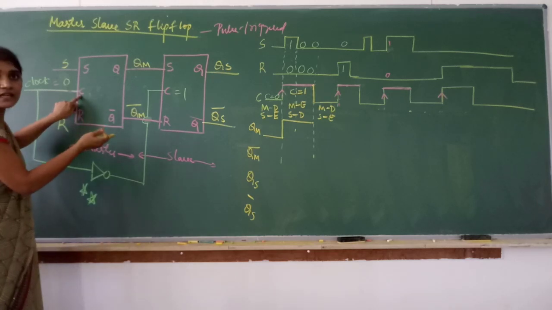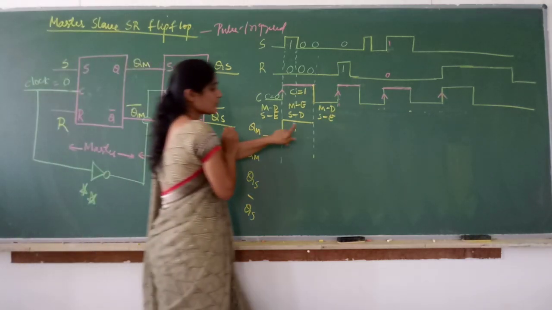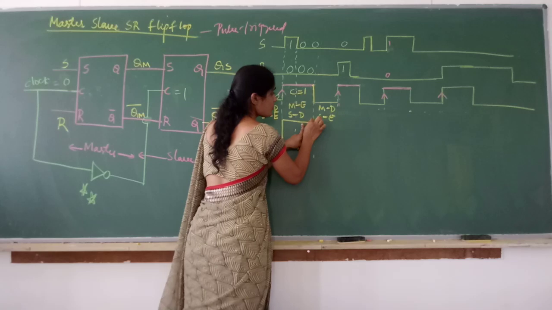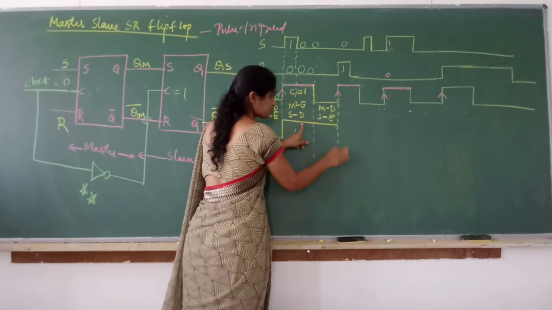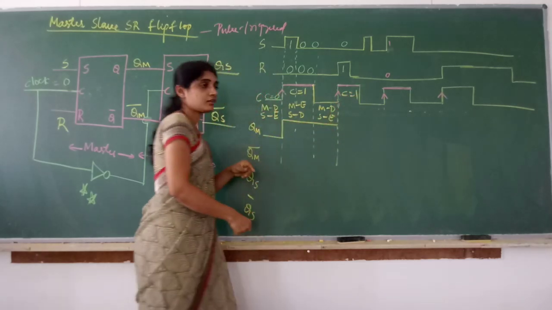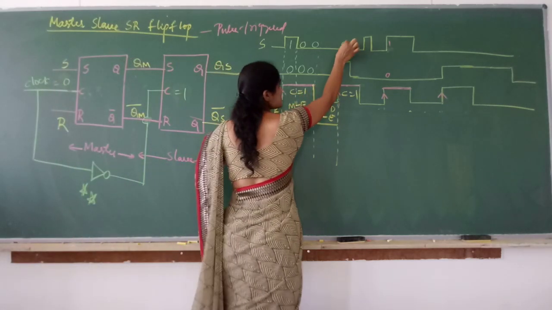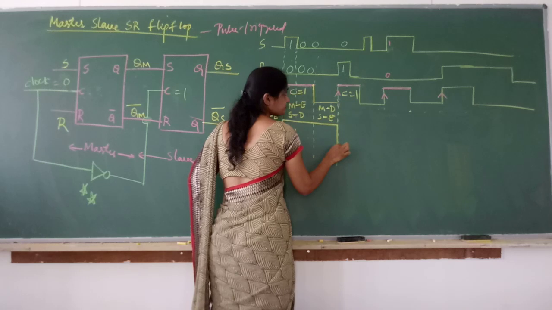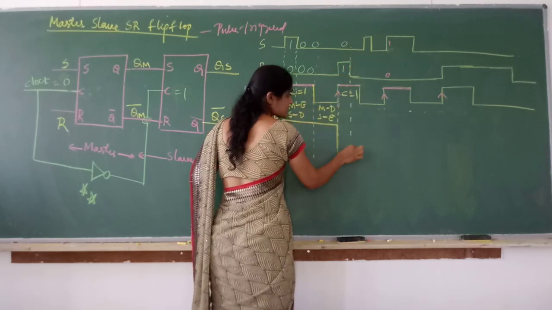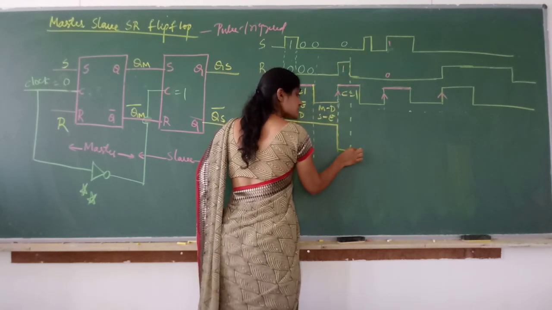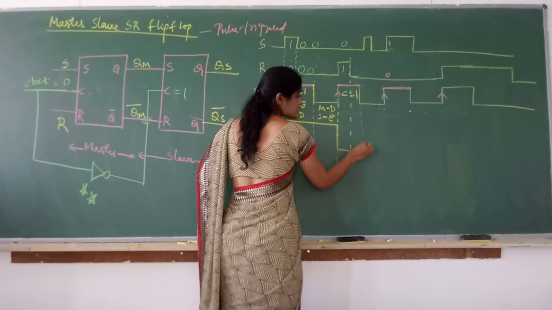The previous state. What is the previous state? 1. So it will be 1 till here. Again clock is becoming 1 and master is enabled. But what is SR? Here S is 0, R is 1, so the output is 0. Again SR changes, 0, 0, so 0 only.